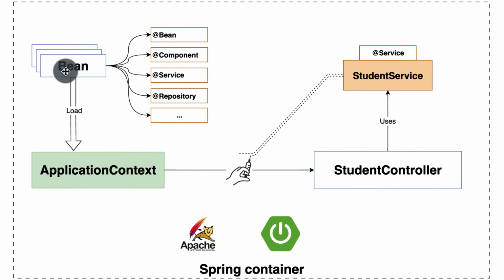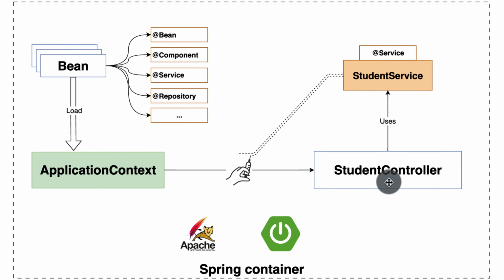And when we say bean, it's any object that has one of the following annotations: bean, component, service, repository, and we have many other annotations that will mark an object as a bean.